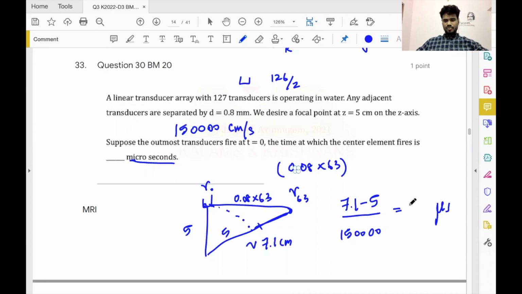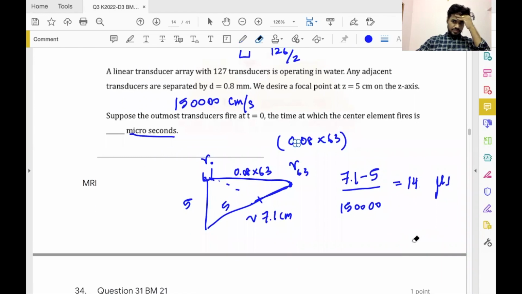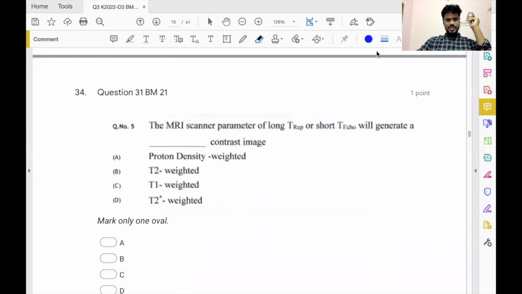So roughly 14.9. Can one of you type the decimals following that? Exactly 14 microseconds. Okay, this is fine. Okay, we get to MRI.